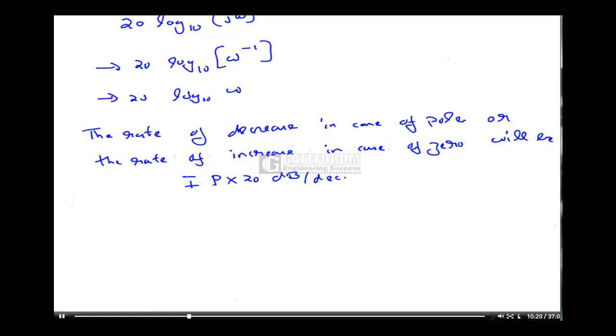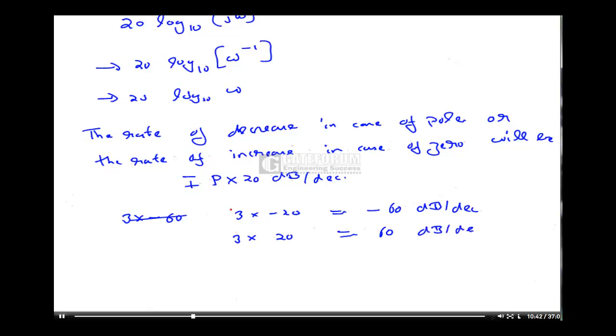Suppose there are 3 poles present, then the rate of decrease of the slope is 3 into minus 20, which is equal to minus 60 dB per decade. This is for 3 poles. Suppose there are 3 zeros, then 3 into 20 is equal to 60 dB per decade. At that time it will be an increasing slope, and if poles are there, it will be a decreasing slope. Okay.